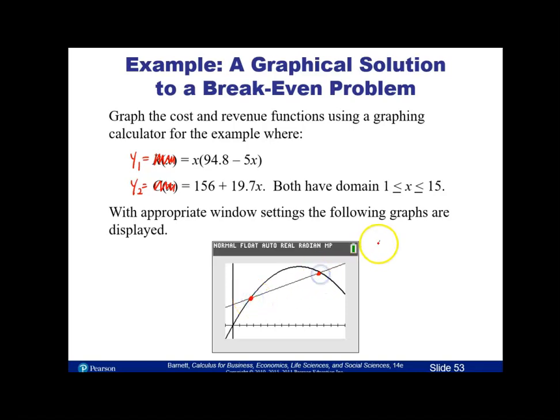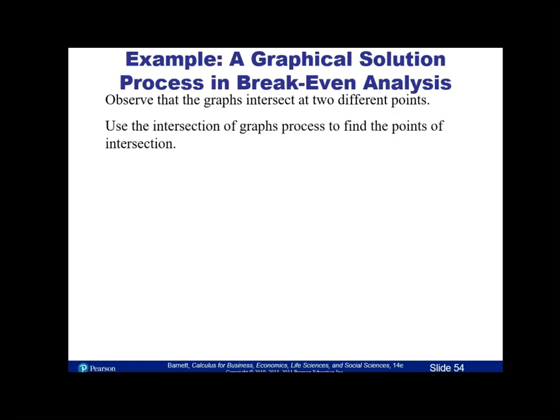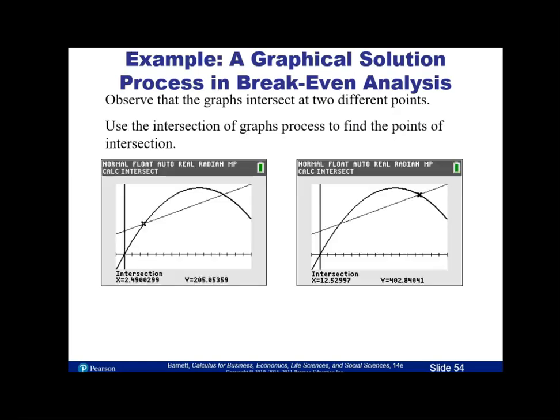So you would go to the calc menu and choose intersect, and it's going to give you those same numbers that we found using the quadratic formula. Okay, so you can see these two here are exactly the same.